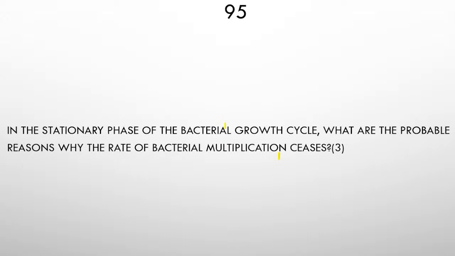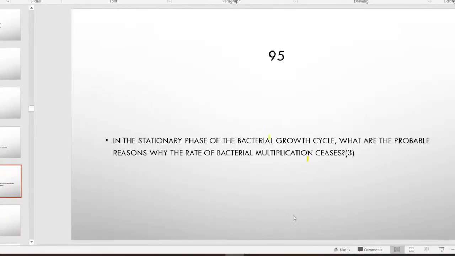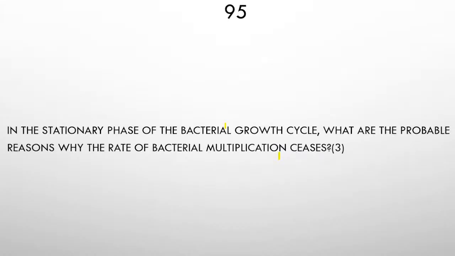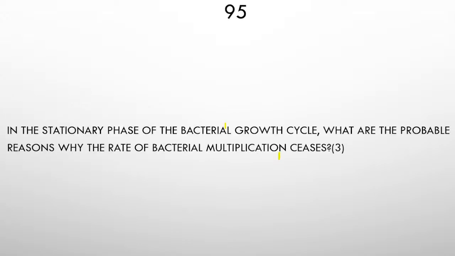Okay, so in the stationary phase of the bacterial growth cycle, what are the probable reasons why the rate of bacterial multiplication ceases? This is the reason why I added this. The nutrients have been exhausted, the toxic metabolites have accumulated, and unfavorable pH has developed. Remember, as the bacteria grow, they release waste products.